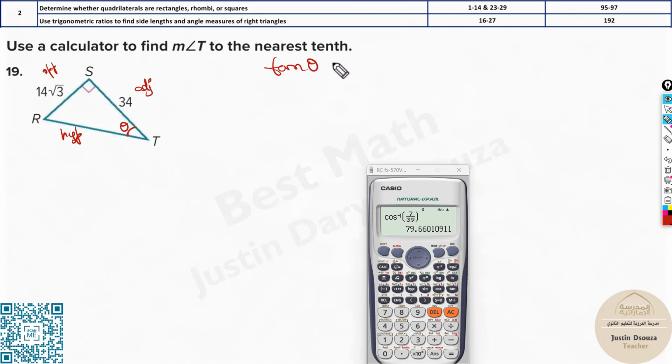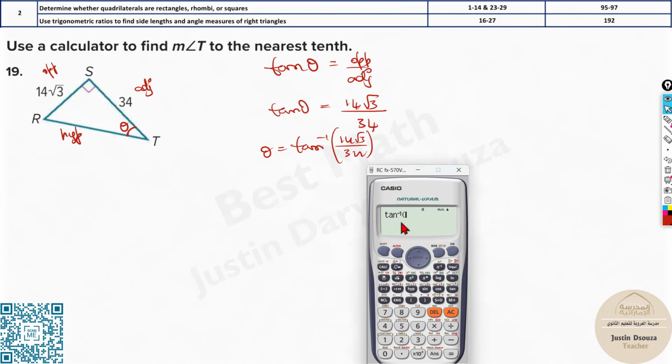So tan theta is equal to opposite by adjacent. And over here, opposite is 14 root 3 divided by 34. That is tan theta. Theta will be equal to tan inverse of 14 root 3 by 34. And that will be the answer.